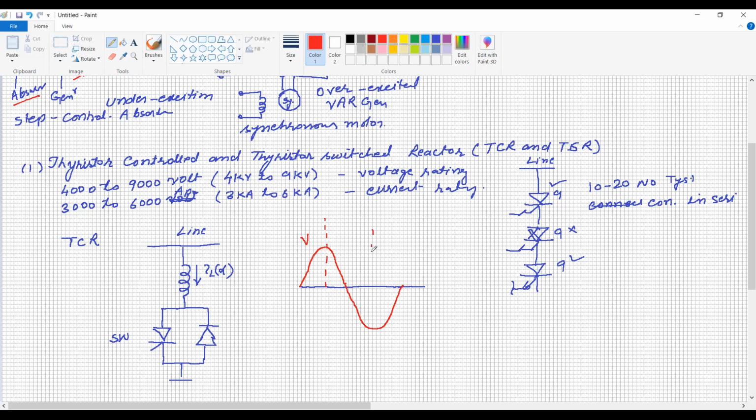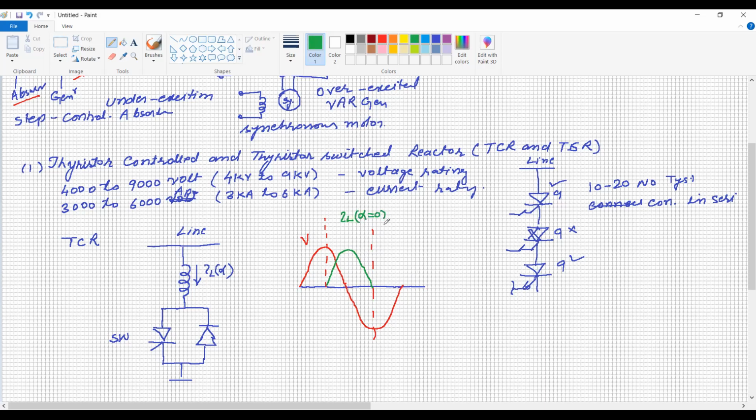First we will consider without any delay angle, the conduction of current. So we try to conduct the current without any delay. So this is the positive half cycle of the current. There is no delay at all. So we can represent it as current IL. This is the current IL when delay angle alpha is equal to 0.